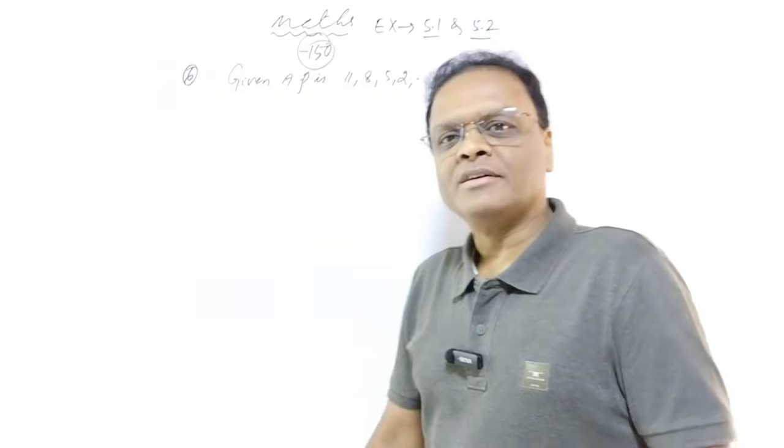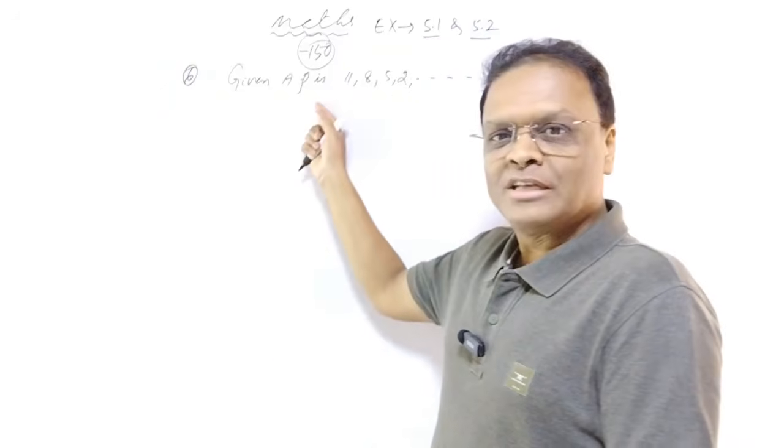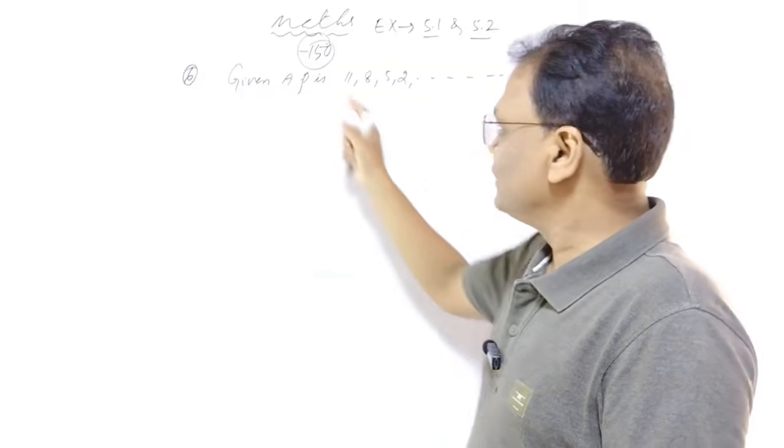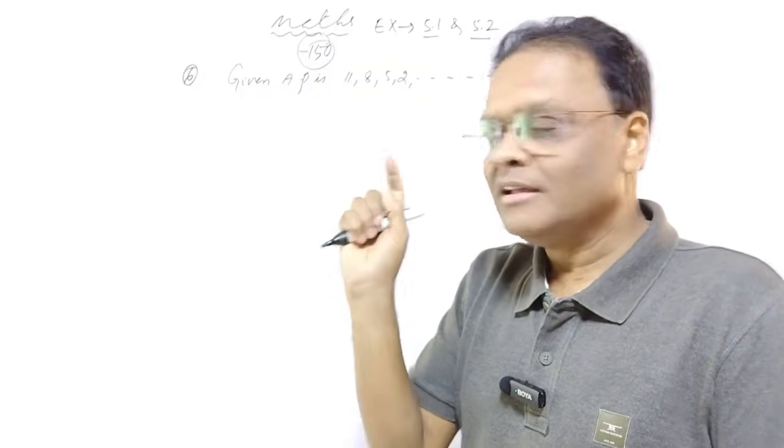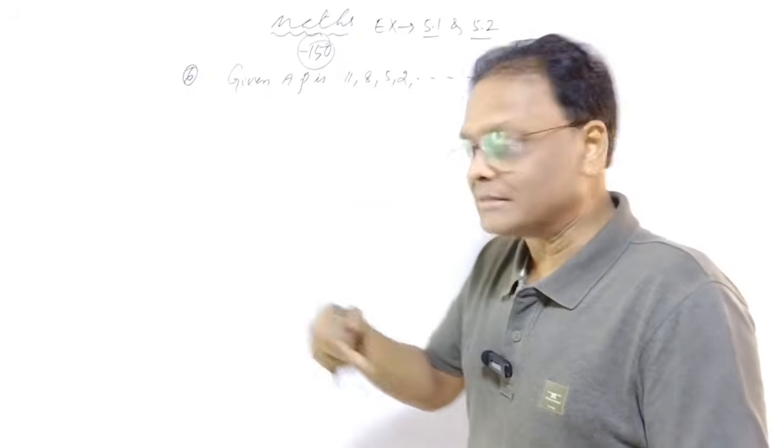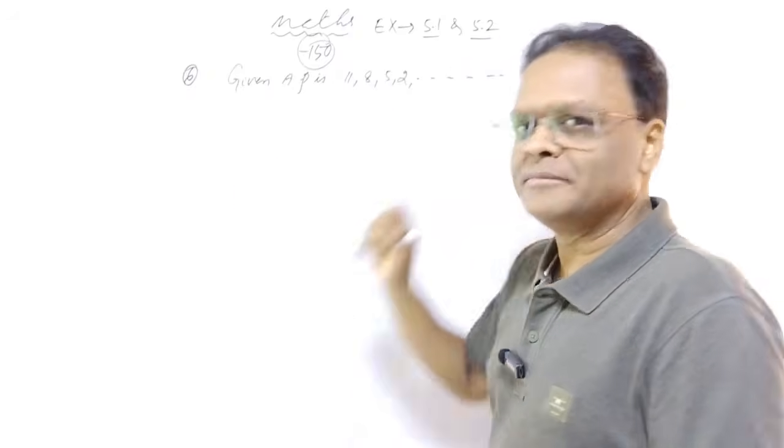He is asking, if you go on writing like this, whether minus 150 will be a term of this series or not. That means whether I'll get minus 150 in this series if I go on writing.